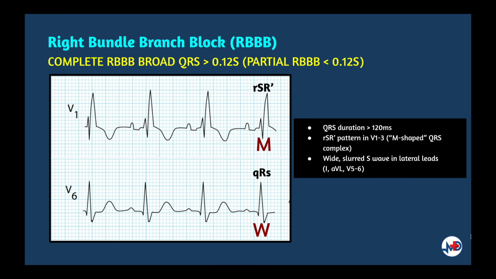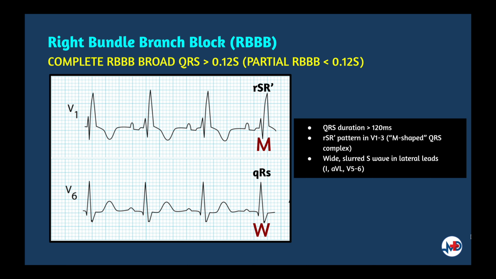Next, let's take a look at right bundle branch block or RBBB. So this is first characterized by a QRS duration of more than 120 milliseconds or 0.12 seconds. You'll be able to see the RSR pattern in V1 to V3, which is an M-shaped QRS complex as shown here. And there would be a wide slurred S wave in lateral leads, which are lead I, AVL, V5 to V6.